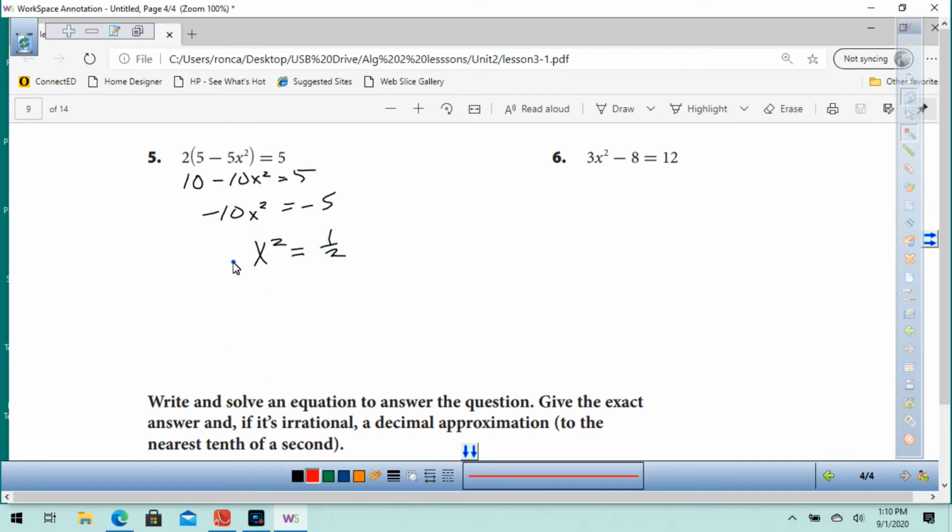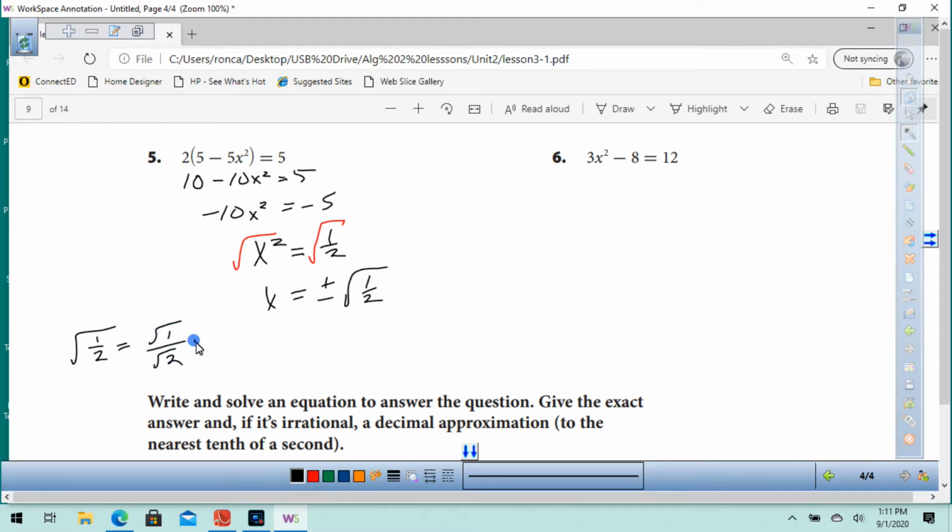Now I'm going to take the square root of both sides, and I get x equals plus or minus the square root of 1/2. Well, they don't like fractions in there. So the square root of 1/2 equals the square root of 1 over the square root of 2.